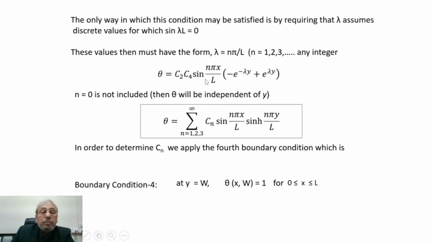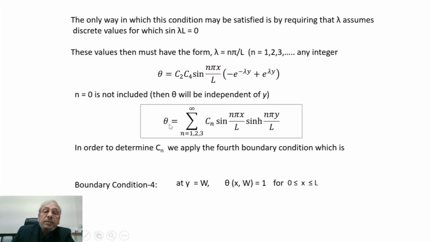So lambda n equal to 0 is not included, as I said, because then theta will be independent of y. Y dependence will be gone. So we will exclude n equal to 0. We will write n equal to 1, 2, 3, any integer.